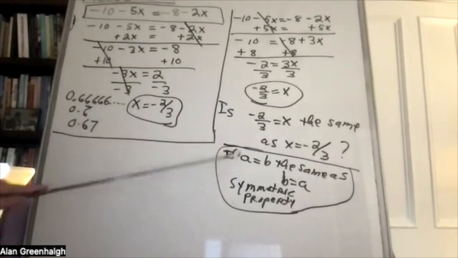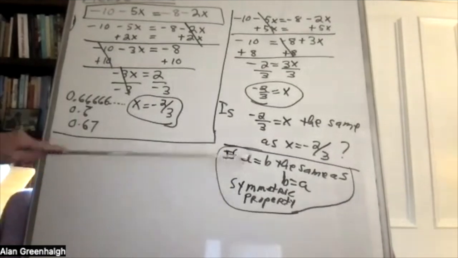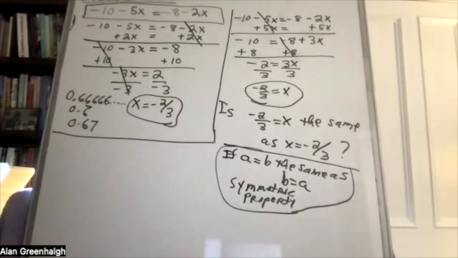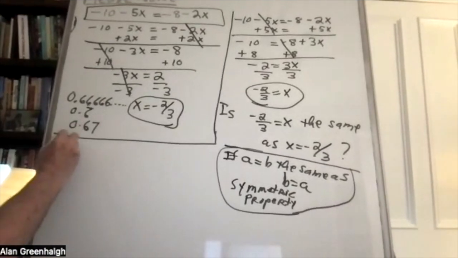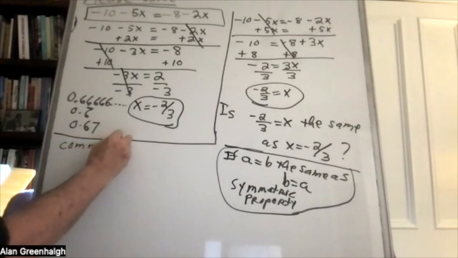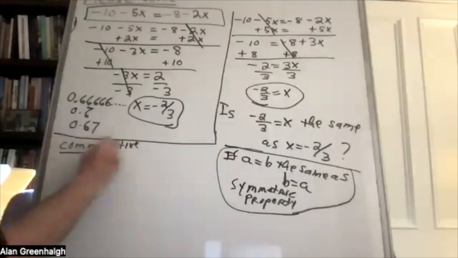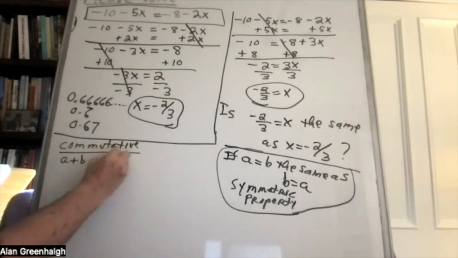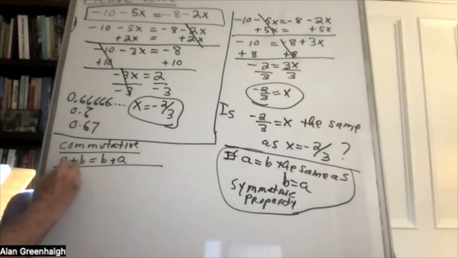Very few people know that because very few professors actually talk about it. People talk about the commutative property. What's the commutative property? The commutative property tells us that A plus B is equal to B plus A. You've all heard of the distributive property, right?